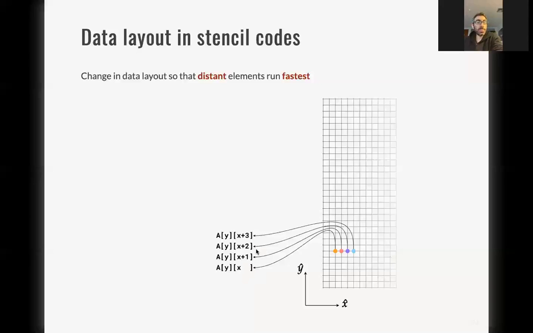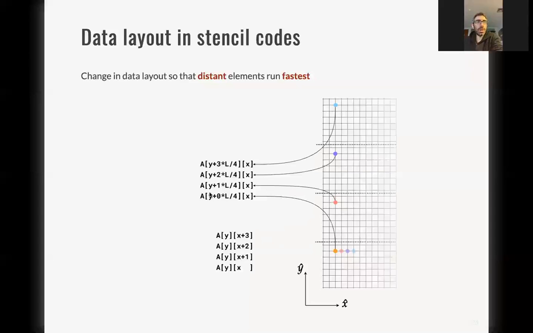But what we are going to do with this new data layout is basically we partition in some way the lattice into 4, and then what we do is we make it so that these elements here run faster in memory, the ones that I colored vertically. So those now go into a vector register in this way.